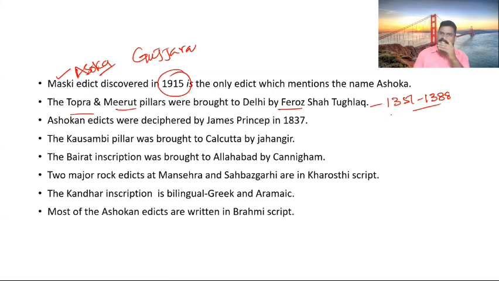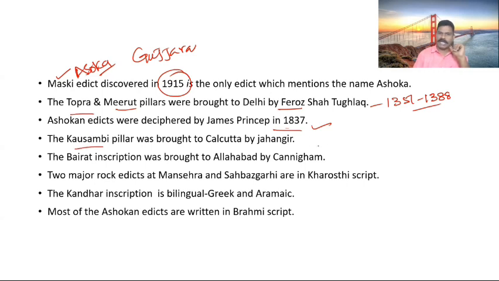He wanted to translate them into Persian but failed because he did not understand them. In a later period, James Prinsep understood Asoka's inscriptions.